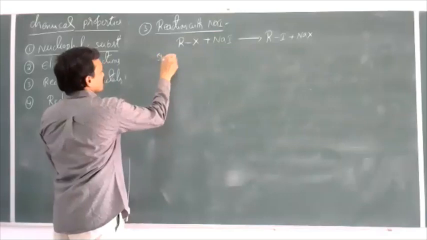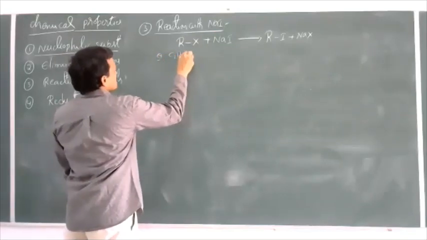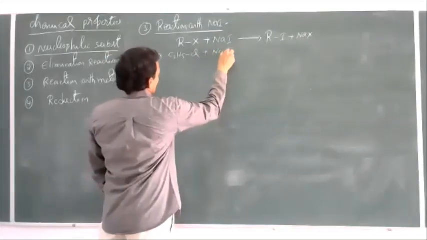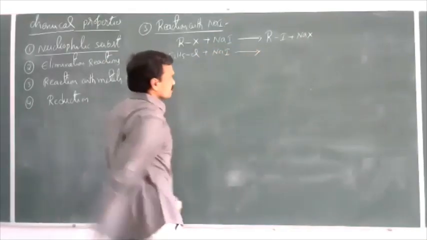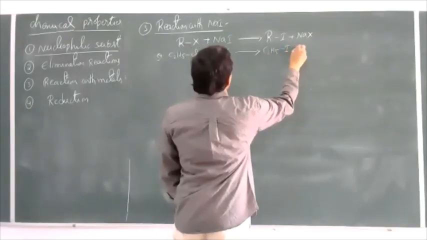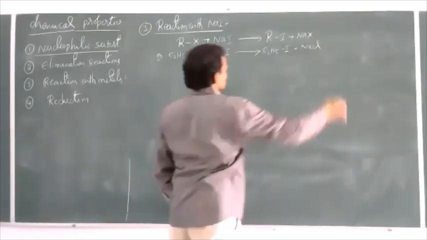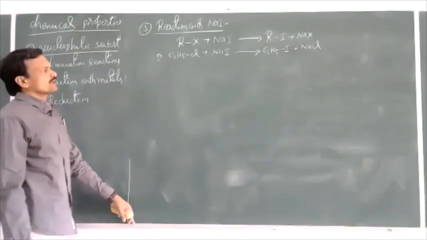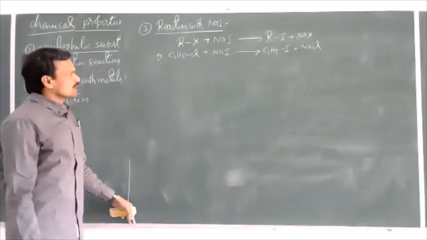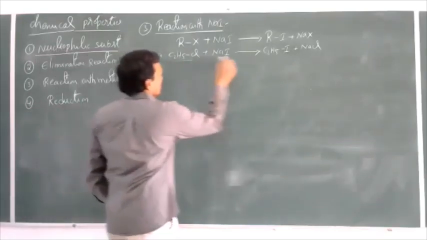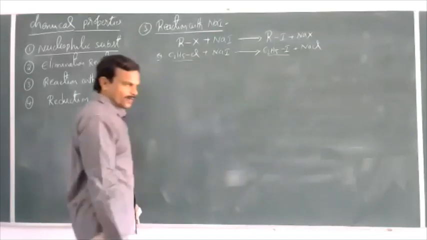An example here, C2H5Cl, ethyl chloride, plus sodium iodide, NaI. Then we can get C2H5I plus NaCl. So haloalkanes, when allowed to react with sodium iodide, we can get alkyl iodide. If you take ethyl chloride, we can get ethyl iodide.